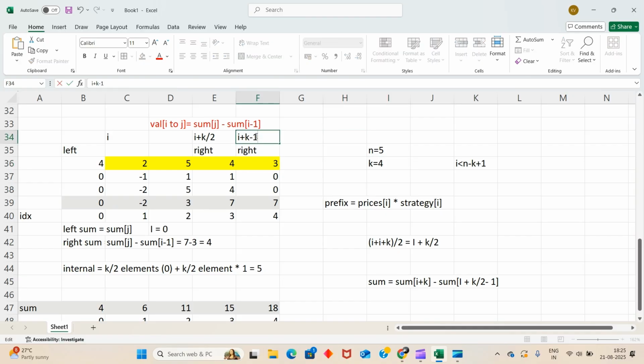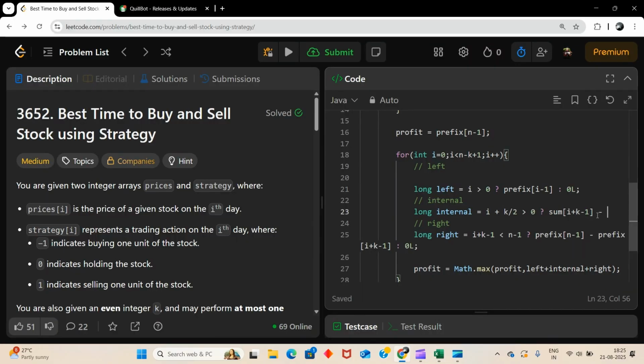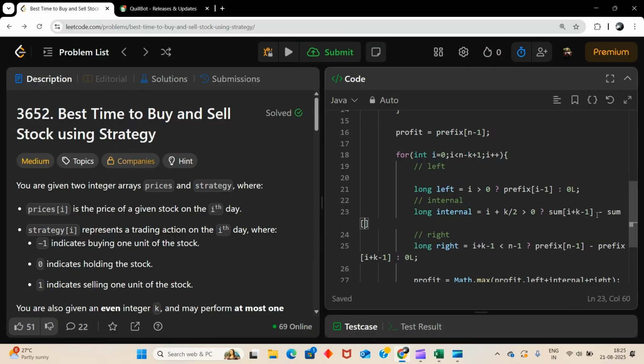So in that case, k is 4, right? 1 plus 4 is 5, and here it is 4 minus 1. It should be minus 1. My bad. And sum of i plus k by 2 and minus 1. Why? Because in our formula it is there, which we derived just before. Else sum of i plus k minus 1.